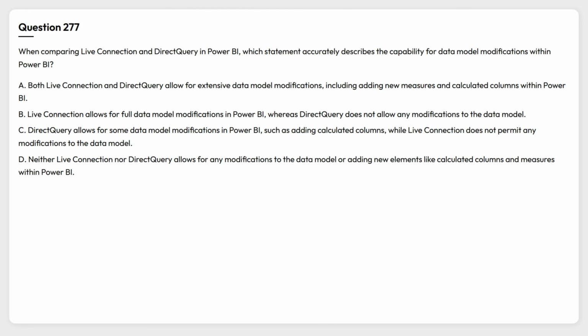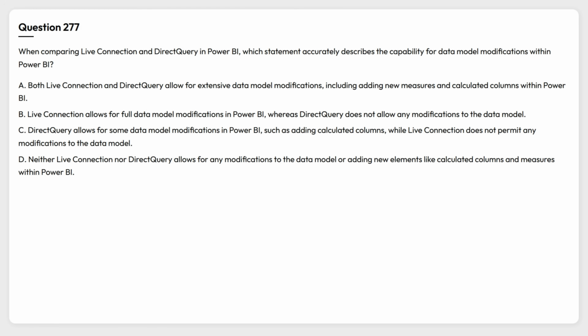Option B, live connection allows for full data model modification in Power BI, whereas direct query doesn't allow any modification to the data model. Option C, direct query allows for some data model modification in Power BI, such as adding calculated columns, while live connection doesn't permit any modification to the data model.